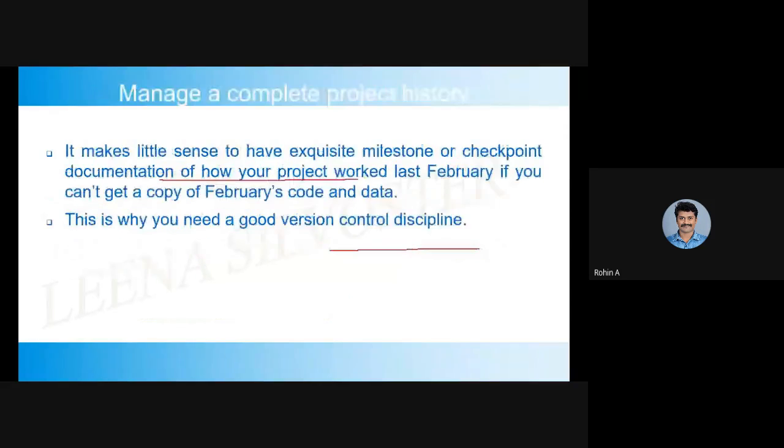So after creating an effective milestone documentation, you need to manage the project history. Suppose you are required to check how your project worked during February. For this, that is, for checking checkpoint documentation, you need good version control.